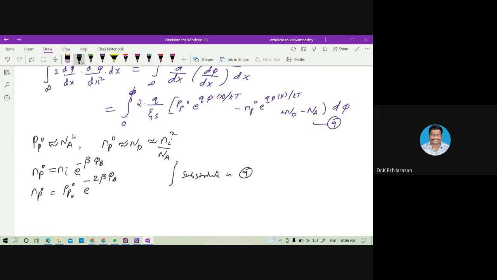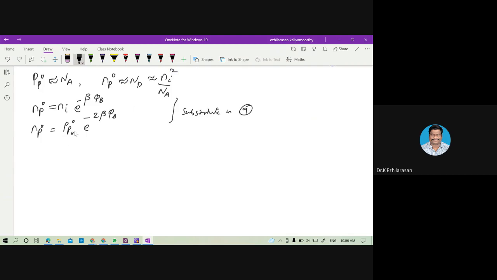Equation number 9. So when you substitute these things, the equation will become dφ/dx equals, as I mentioned earlier, minus. I hope you remember that minus. You need to consider that minus also.